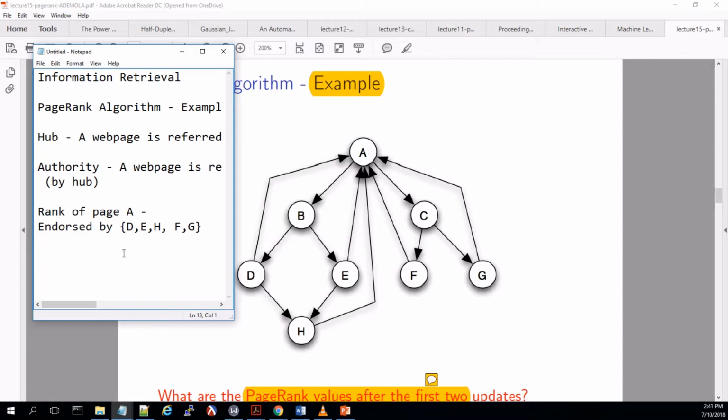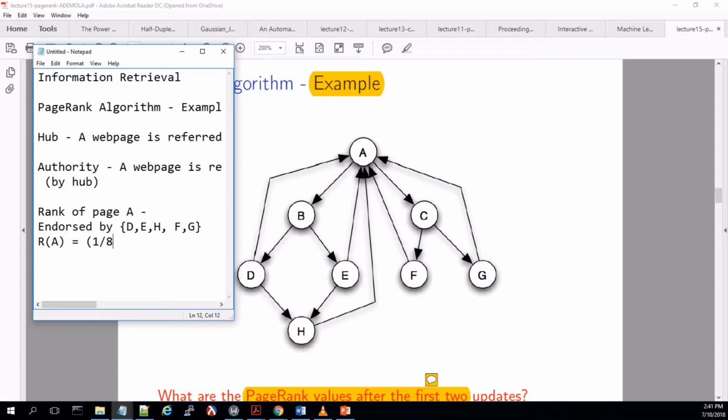The rank of A will be equal to the rank of D, the first one. What is the rank of D? 1/8. Don't forget we said initially 1/8. That is the rank of D.